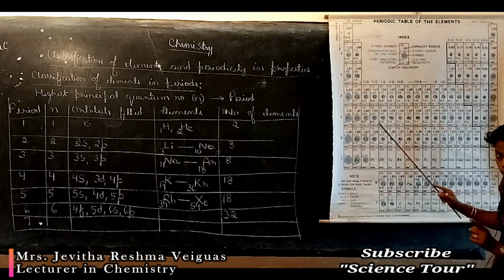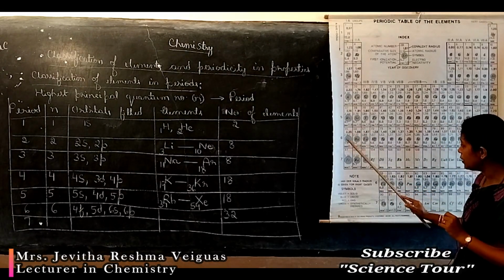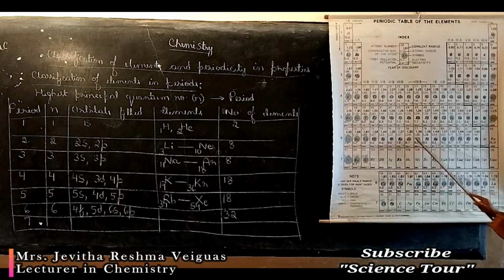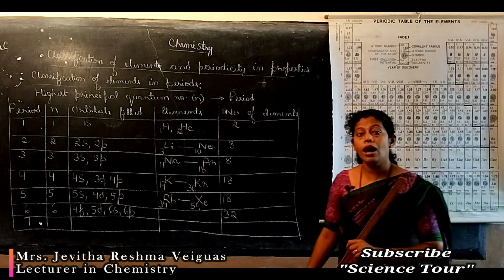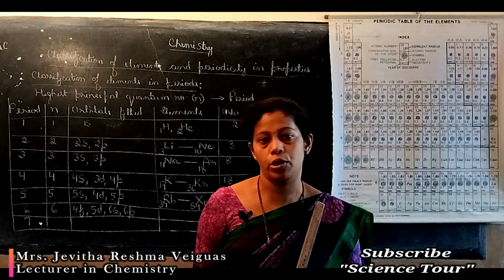So, 6th period totally contains 32 elements, starting from cesium, ending with radon. In between, 14 elements are kept here, which are cerium to lutetium. These cerium to lutetium elements are called lanthanoids, about which let's study in detail later on.